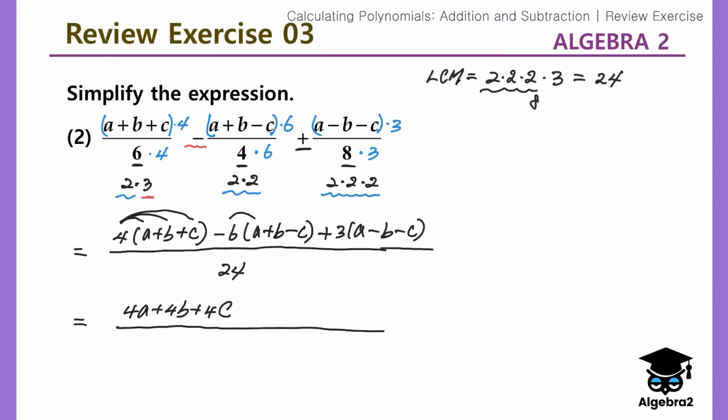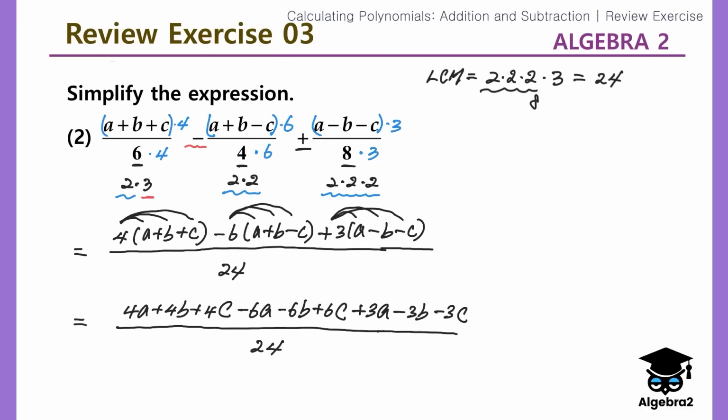Minus 6a, minus 6b, plus, minus times minus, plus 6c, plus 3a, minus 3b, minus 3c over 24, right? So here we have a denominator 24.